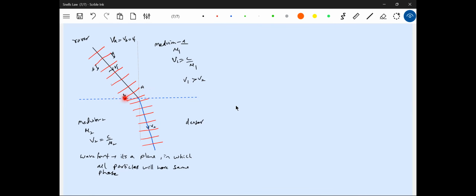Here the point B will have a speed V2 whereas A will have a speed V1. In a given time A will cover more distance than B, because the speed is V1 there. B now lies in the denser medium, so it will have less speed and traverse less distance in a given time. Therefore the wavefront will bend. If you bring the idea of the wavefront, you can analyze it in this particular way.